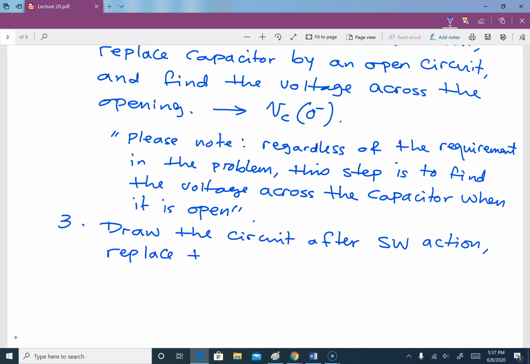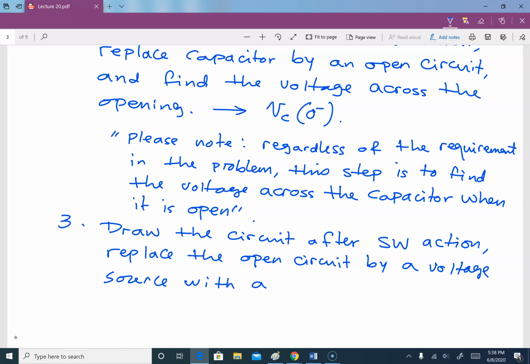Replace the open circuit by a voltage source with a value as obtained in step 2.